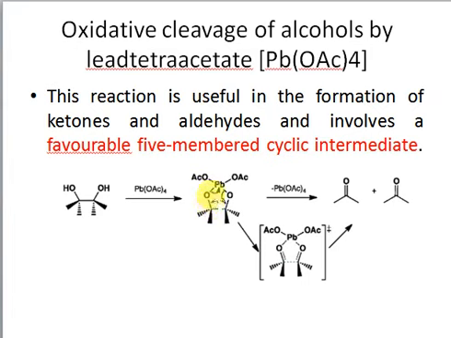So we are cleaving this bond from the center, and we are forming a carbon-oxygen double bond here, and similarly a carbon-oxygen double bond is forming here. In this specific case, since this carbon is attached to R groups or alkyl groups, this will form a ketone. Similarly, this carbon will also form a ketone here, right? So either you use sodium periodate or lead tetraacetate, both reagents work in the same manner.